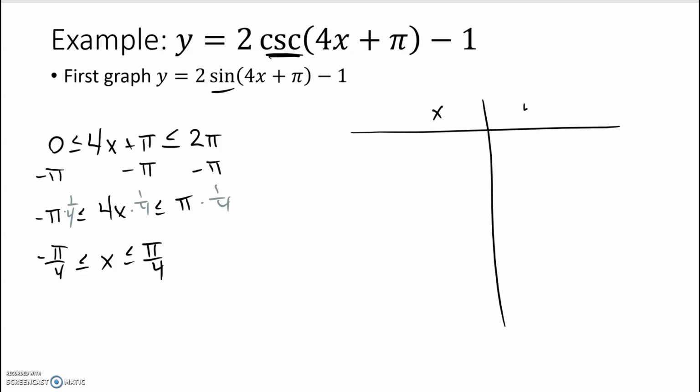Okay, I need my x values and my y values. So, 0, pi over 2, pi, 3 pi over 2, 2 pi. Since we're looking at sine, it'll start at 0, and then 1, then 0, -1, and 0. So the first thing I did to these x values was I subtracted pi from each one of them.